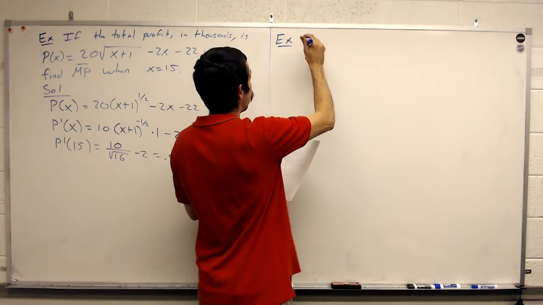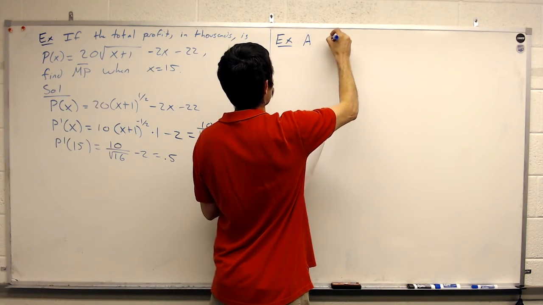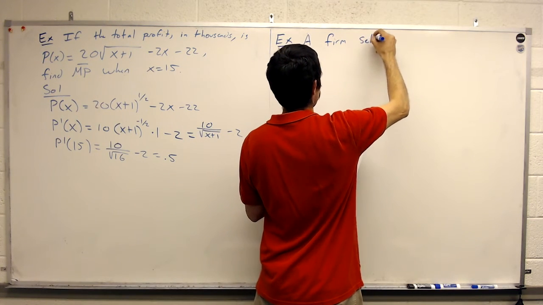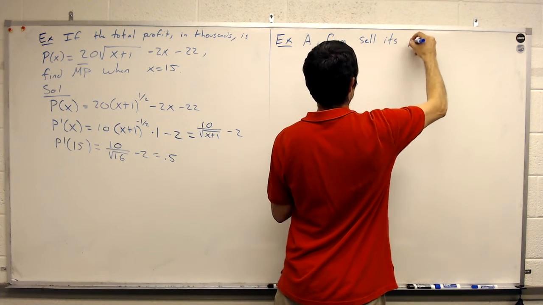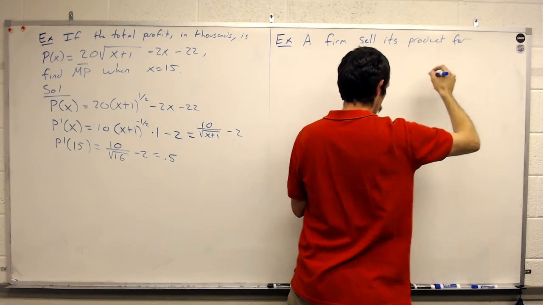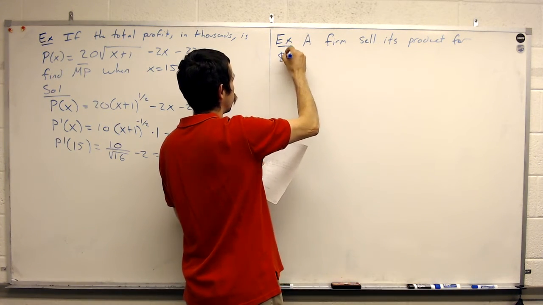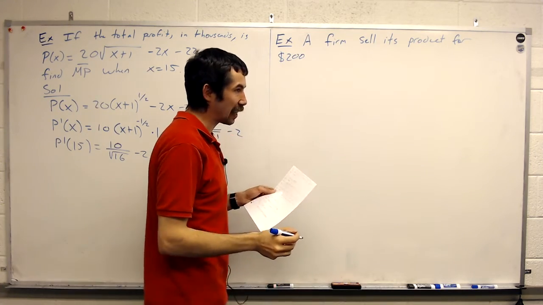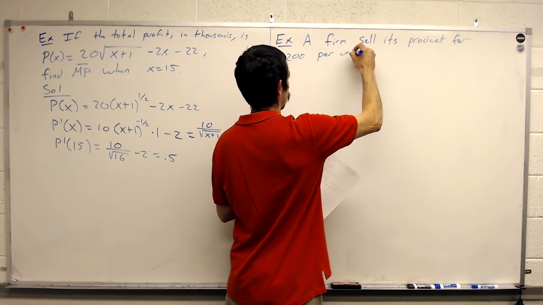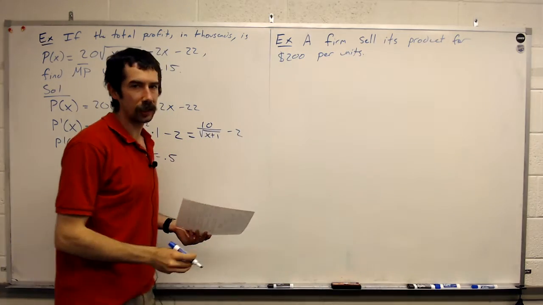Okay, so a firm sells its product for 200 bucks per unit.